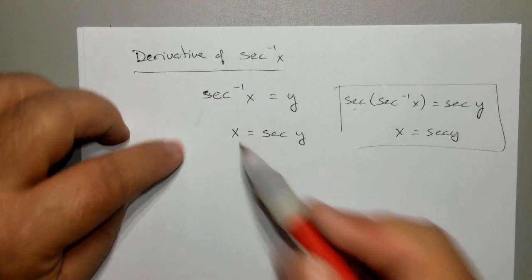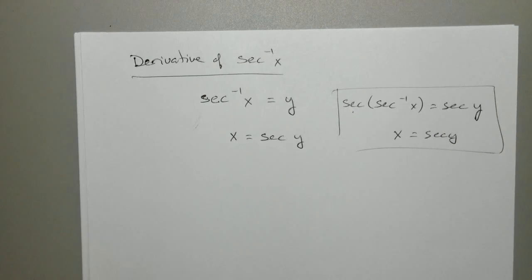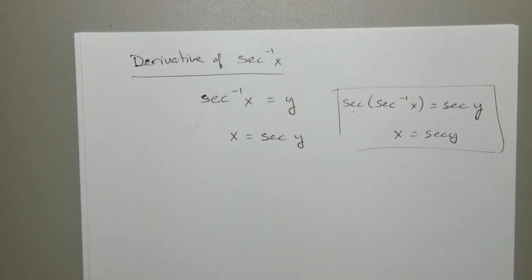So instead of going through this whole proof, we just move it over. When you move it over, you move the inverse function. Try to find the derivative of the inverse secant function.